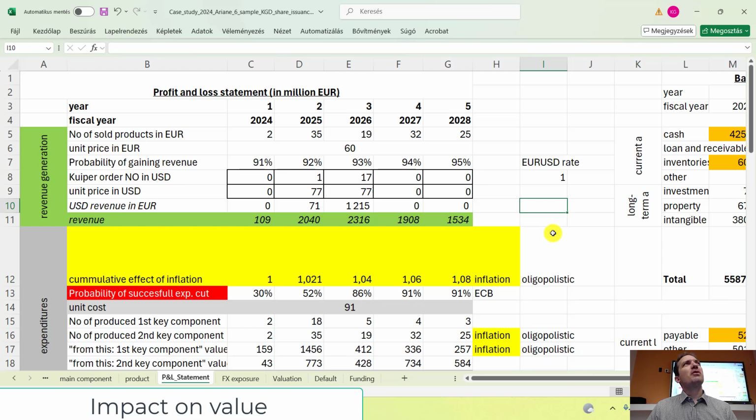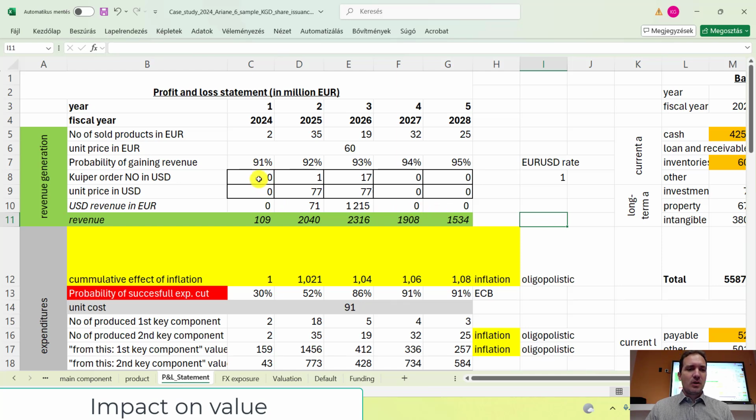If it were not euro but another currency, we could also explore the impact of funding the company through foreign exchange denominated loans, but in this case it's irrelevant, so maybe I should change the case study in the future because we lost one option to explore.